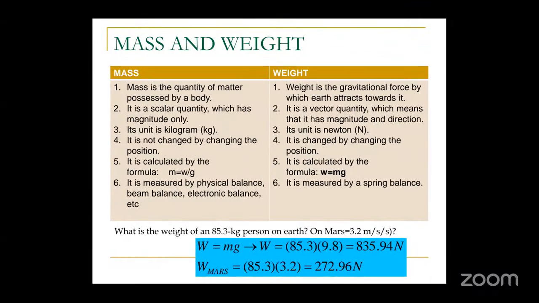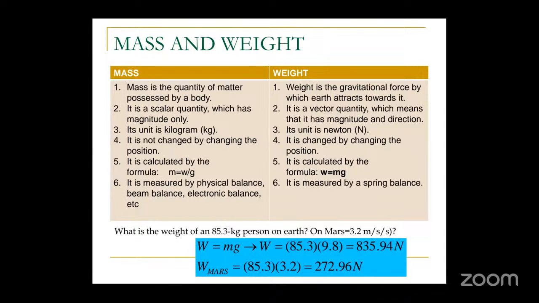Now, mass and weight. Mass is the quantity of matter possessed by a body, whereas weight is the gravitational force by which the earth attracts objects towards itself. Mass is a scalar quantity. It has only magnitude. Weight is a vector quantity and has both magnitude and direction. The unit of mass is kilogram, while the unit of weight is Newton.